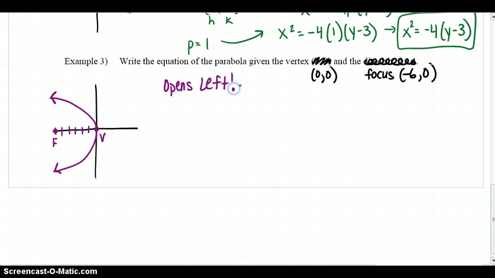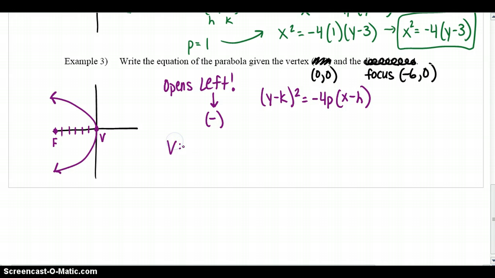The fact that it opens to the left means x is the variable that's not squared. And we also have to keep in mind that left is a negative direction, so the equation I should be using is (y minus k) squared equals negative 4p times (x minus h).